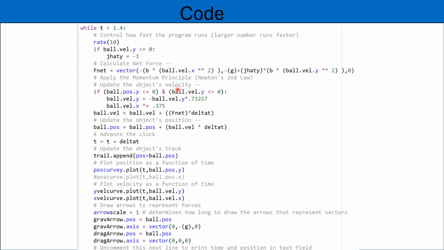So that's why this and is there. Then it will reverse the velocity because it's bouncing off, and multiply by 0.73257, because that's what I calculated was the loss of energy of the system. I also calculated the loss of energy for x. Then we update everything, and then we plot.